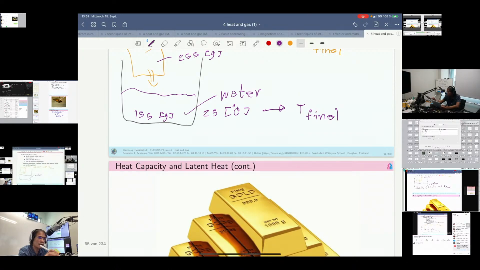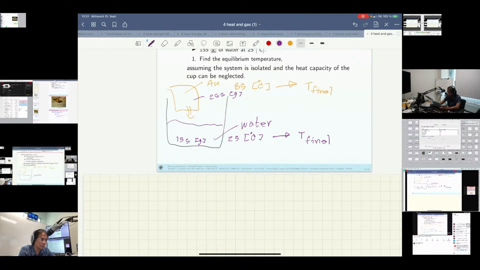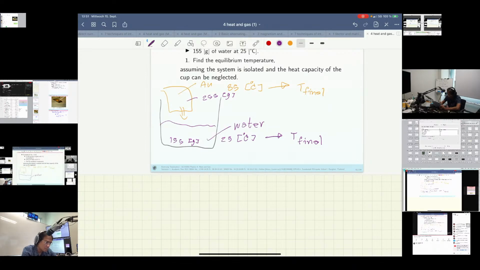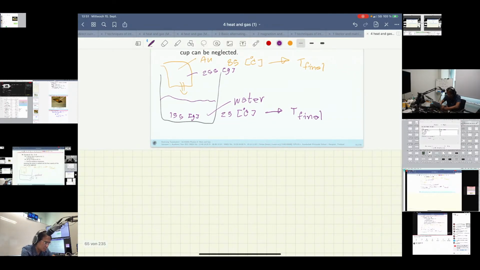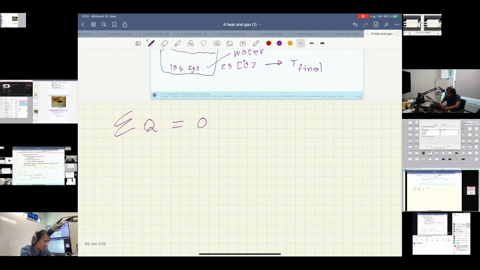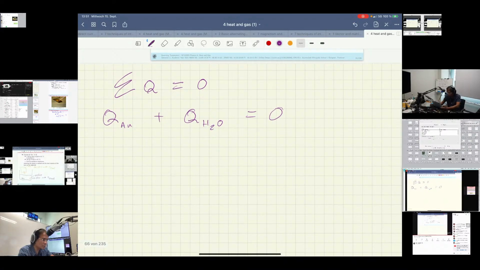Okay, let's make the calculation. They would like to know T final, right? So again, we have summation of Q equals 0, right? The first Q is Q of gold, Au, plus Q of water, H2O, equals 0, right? Q Au is going to be M Au, the mass of the gold, times C, the specific heat of the gold, times delta T of the gold.